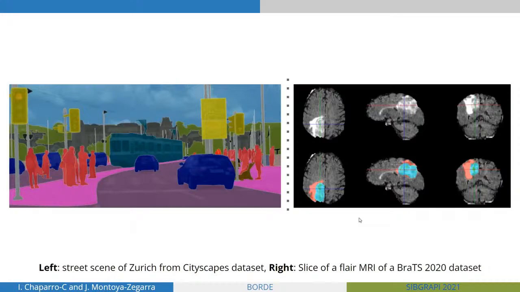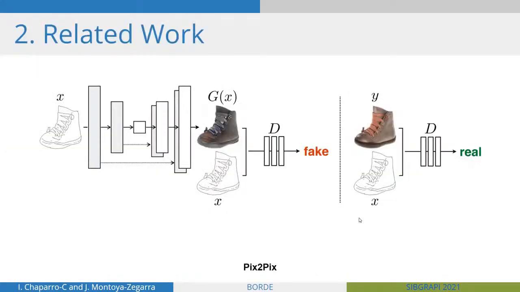Many state-of-the-art models use scene or face benchmark datasets. We noticed that those datasets differ quite a lot from medical image datasets. In semantic image synthesis, one seminal work is Pix2Pix, which comprises an encoder-decoder generator that takes as input a semantic map and a PatchGAN discriminator.